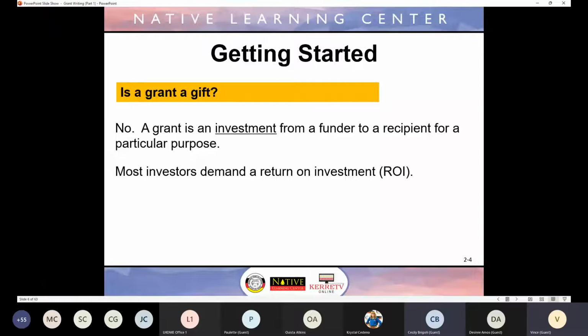So whether that's you receiving the Indian Housing Block Grant or the ICDBG or any other type of federal grant, you are a recipient, and the grant that you're receiving is an investment by somebody or something.